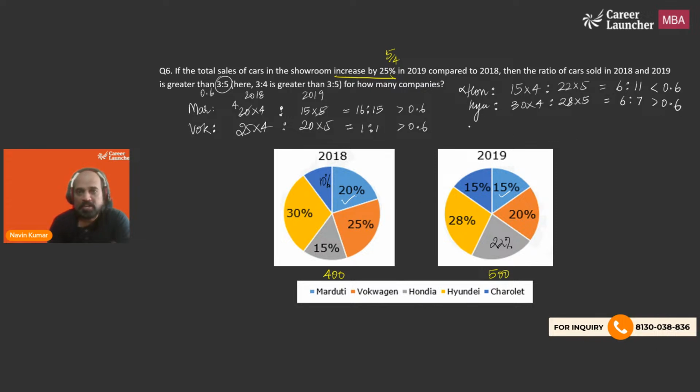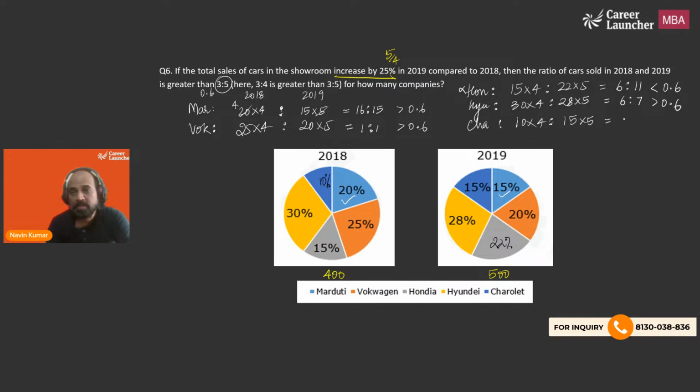And if you look at Chevrolet, it was 10% of 400, which is 10 into 4, and then it was 15% of 500, which is 15 into 5. So this is basically 40 and 75. They both are divisible by 5.